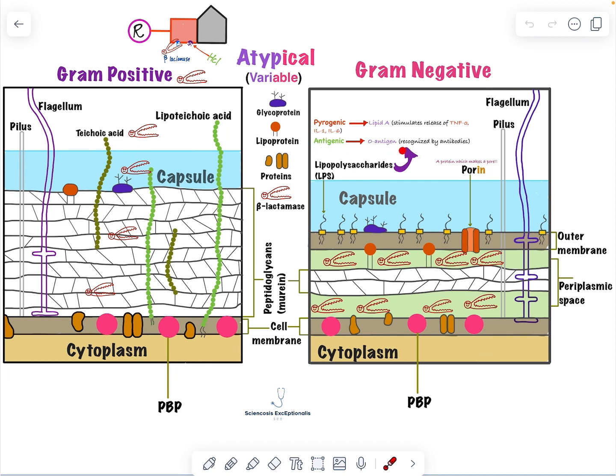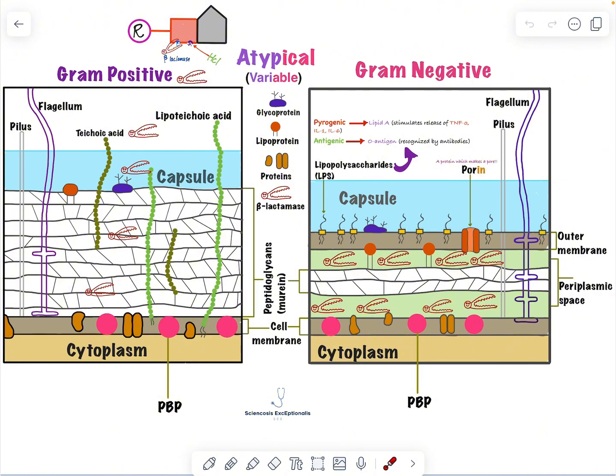It is antigenic, recognized by antibodies. The inner layer of the outer membrane contains several proteins such as porin protein, which is a selective transport through the outer membrane for molecules including the antibiotics.